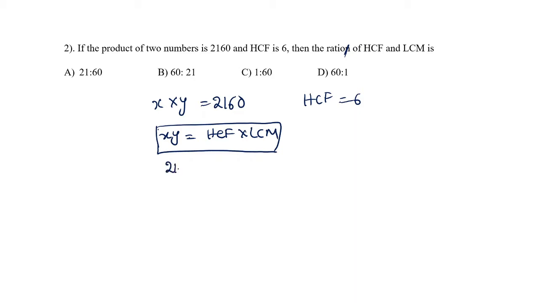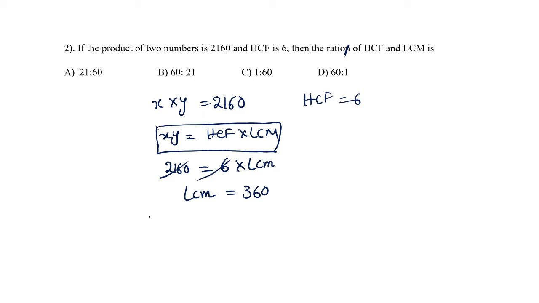So 2160 equals HCF value 6 times LCM, which we don't know. From this, LCM is equal to 2160 divided by 6, which is 360.